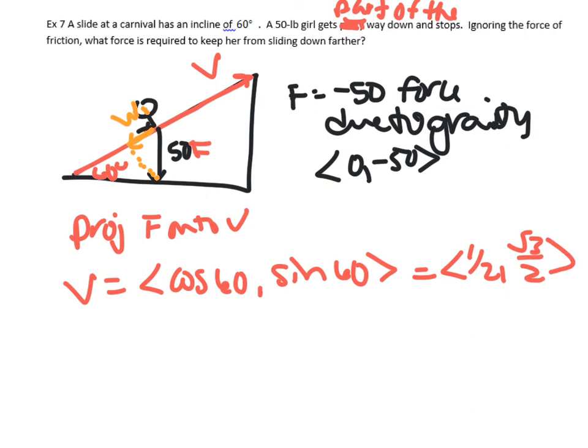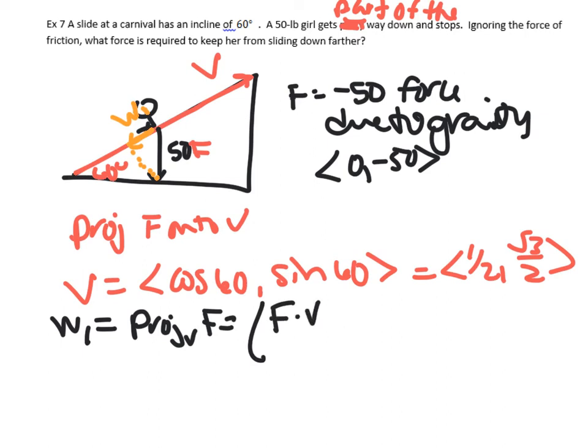So that's what the V vector is. If I want to find my W1, I have to do my projection of F onto V, which is the dot product of F and V over my magnitude of V squared times my V vector.